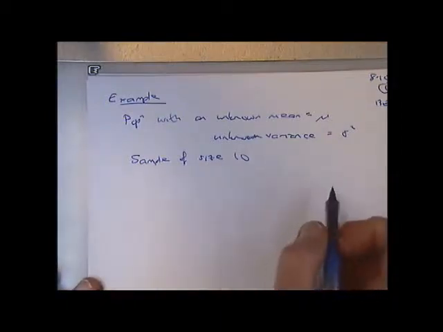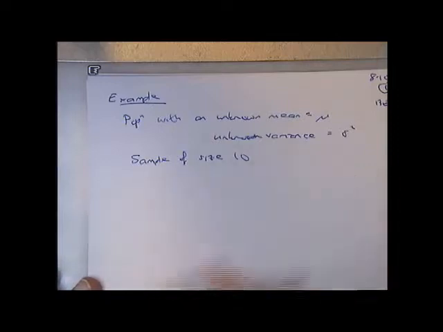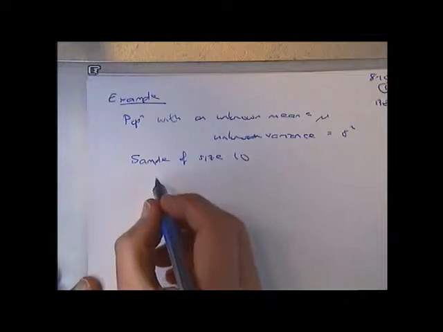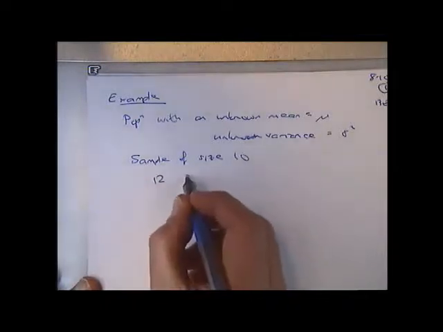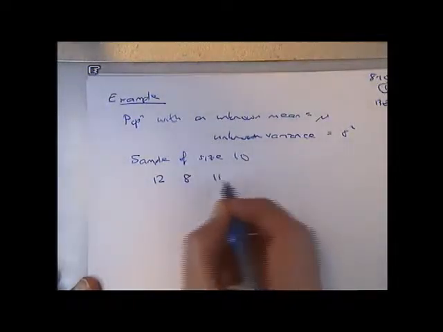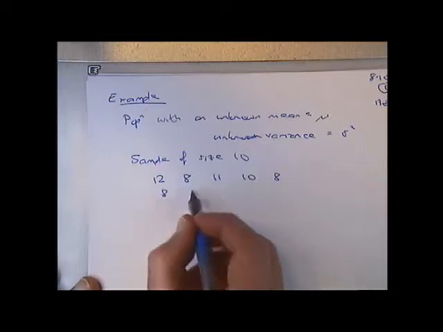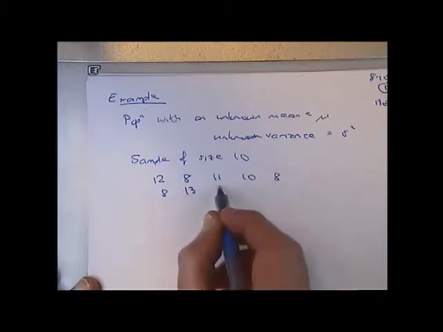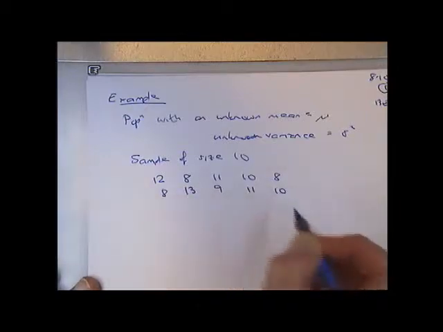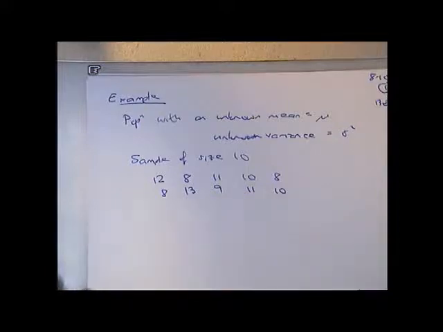I'm going to read out now the values we have got from our sample. So our values are 12, 8, 11, 10, 8, and 8, 13, 9, 11, 10. So those are our sample values.